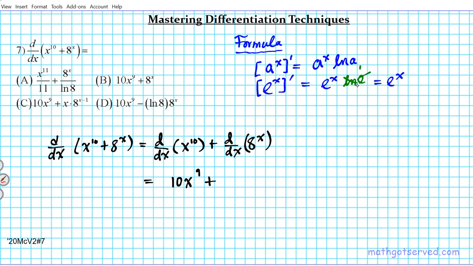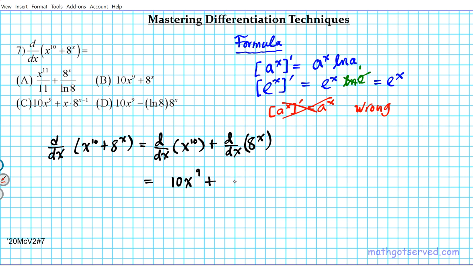So one mistake most students make is, they say, you know what? The derivative of a to the x must be a to the x, because the derivative of e to the x is e to the x. So this is wrong. Please do not do this. You have to add on that ln a component. All right, so what's the derivative of 8 to the x?